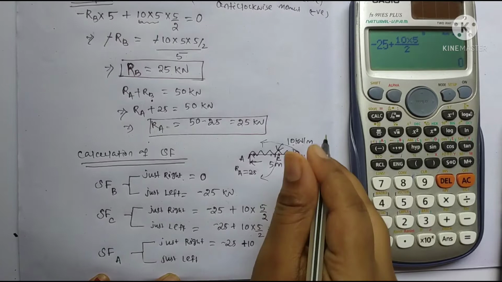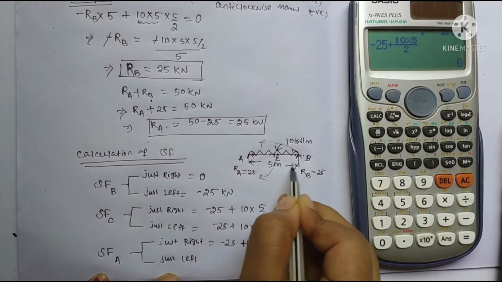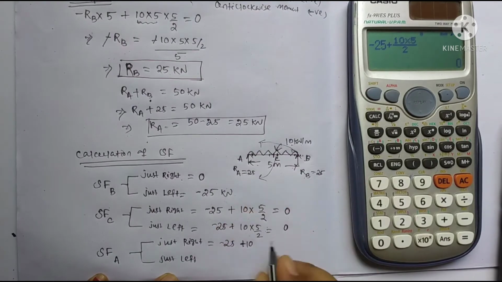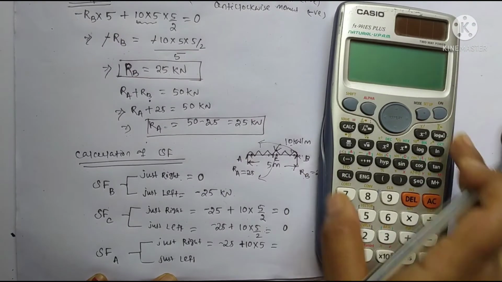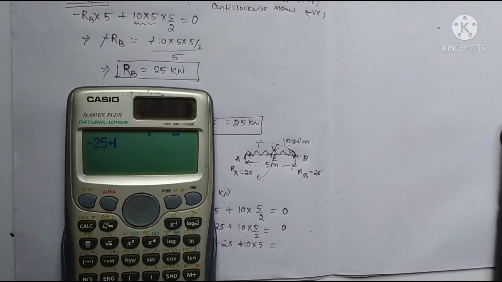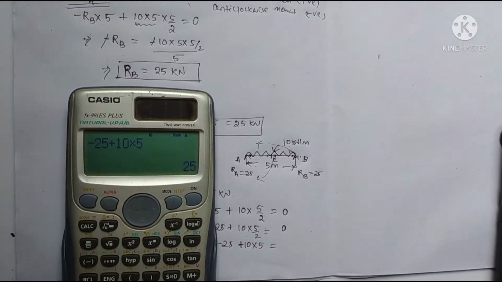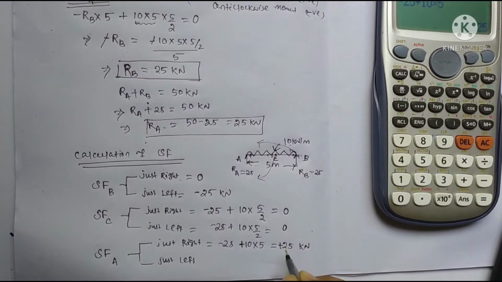we multiply that length with the force to get the intensity of the load. So 10 into the whole distance, which is 5, because the load is acting over that full distance. That will be equal to minus 25 plus 10 into 5, that is 50, so that is 25 kilonewton and the value is positive.